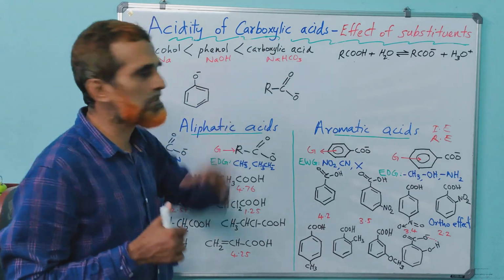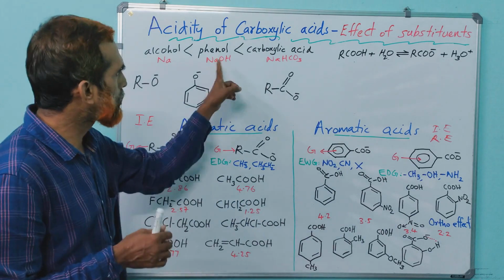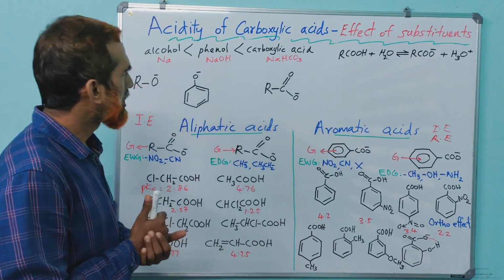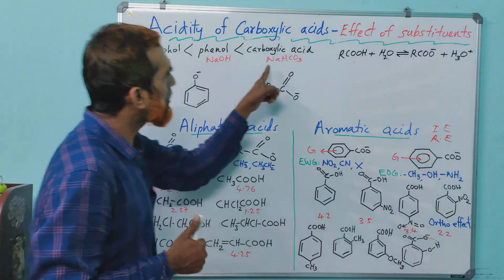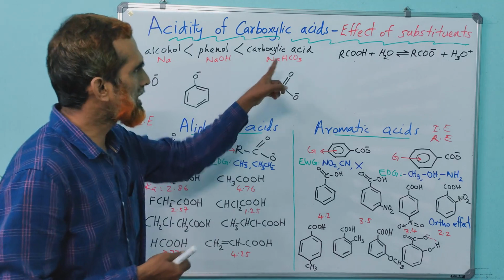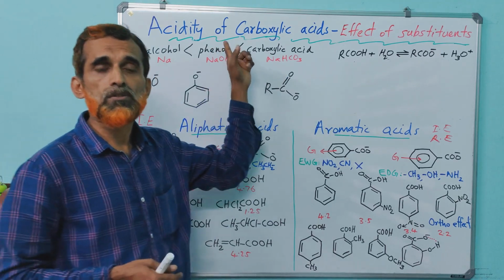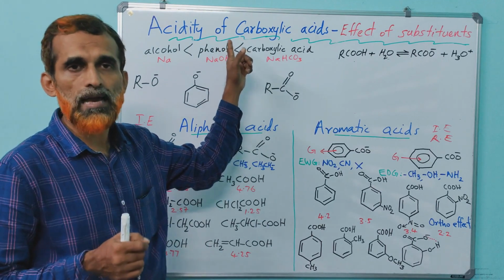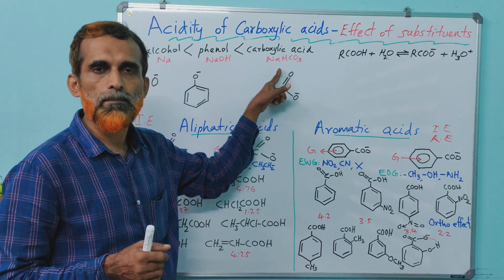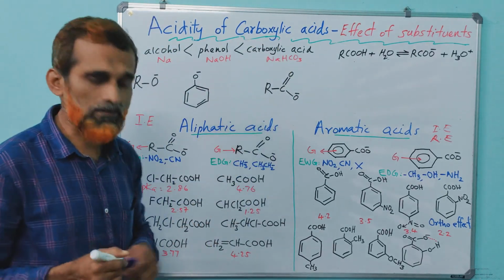But phenol and carboxylic acid react with NaOH, forming their sodium salts, like sodium phenoxide and sodium carboxylate. And if you use sodium bicarbonate, which is a still weaker base, we can see that it doesn't react with phenol. Why? Phenol is not so acidic as to react with a weak base, that is bicarbonate. But carboxylic acid reacts with bicarbonate.